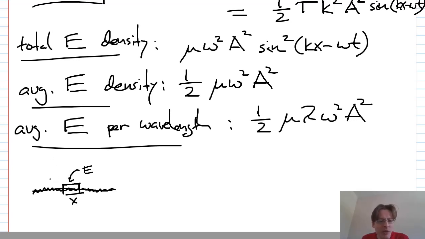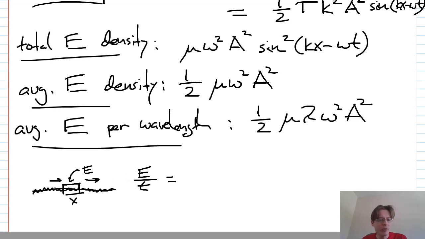What I'd like to know is how much energy per second passes through that place. So if I know how much energy there is, I'd like to know the energy per second. In other words, I want to know the energy that's there divided by the time it takes the energy to pass through that place. Well, that's easy.